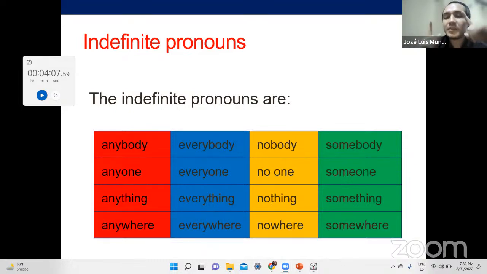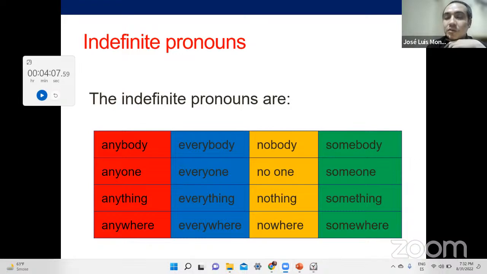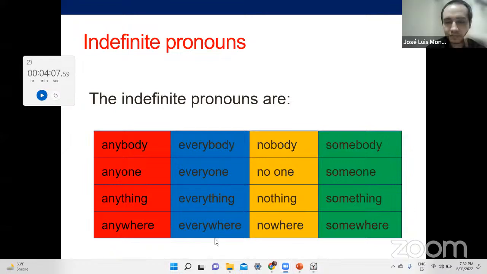But there's one big difference. For example, which one do you use, Astrid, in affirmative sentences, and which one do you use in negative sentences between anybody and nobody? In negative sentence, I could use nobody. All right, and do you use anybody in affirmative sentences?